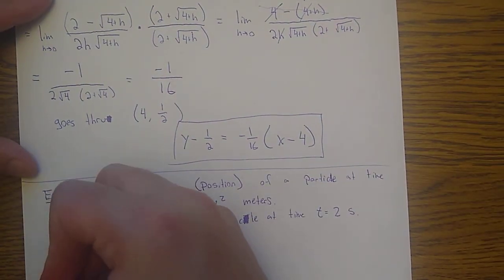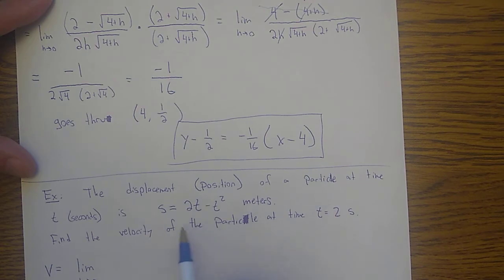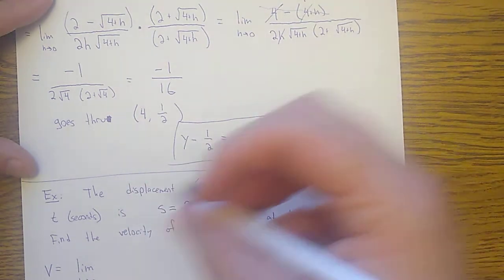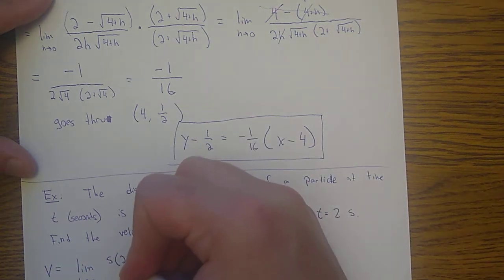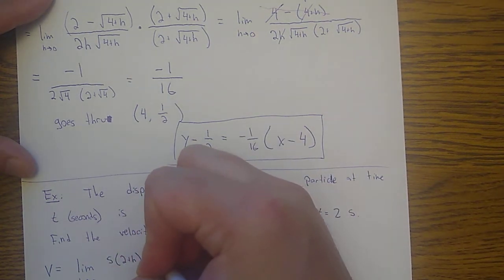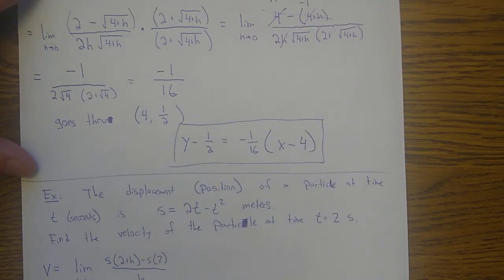And the way you do that is you just use the same formula. It's the limit as h goes to 0 of, it's just like this. It's just that this is your function.